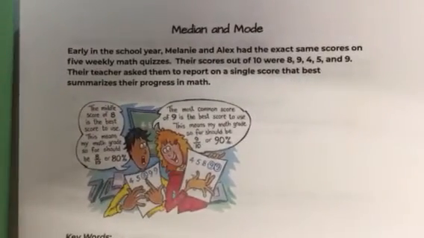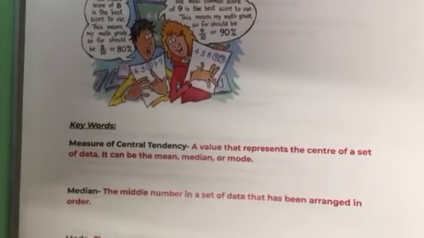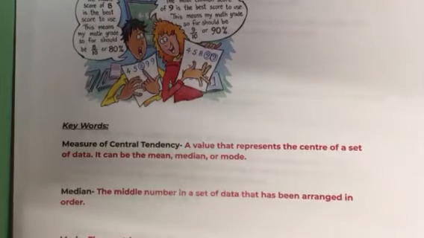So median and mode are both measures of central tendency, which is something that represents the center of a data set. So kind of talking about that average, or what's the best way to describe a set of data, is to talk about what is most frequent or what is everything situated around.